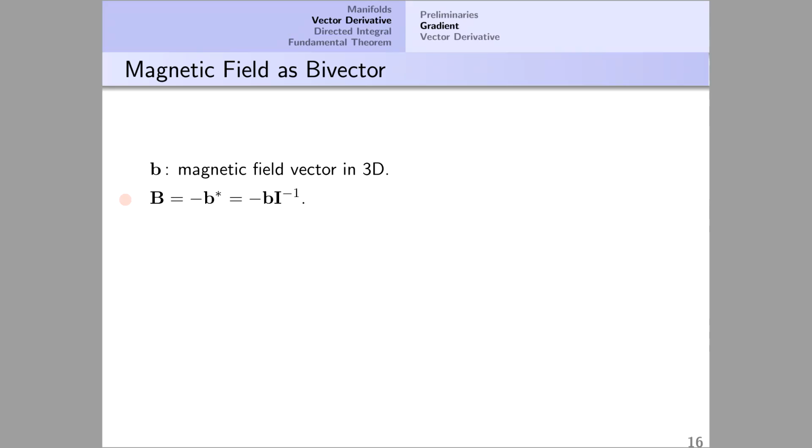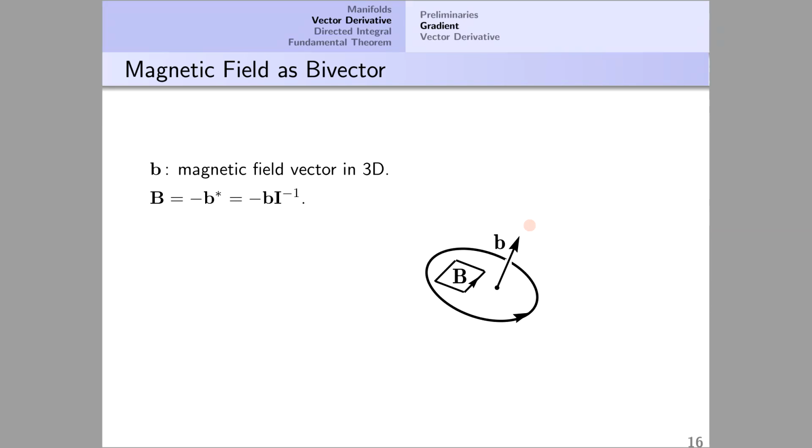Here's an example. I've indicated here a loop of wire carrying a current. Such a current will generate a magnetic field. The magnetic vector representation of the field in vector calculus is this vector.